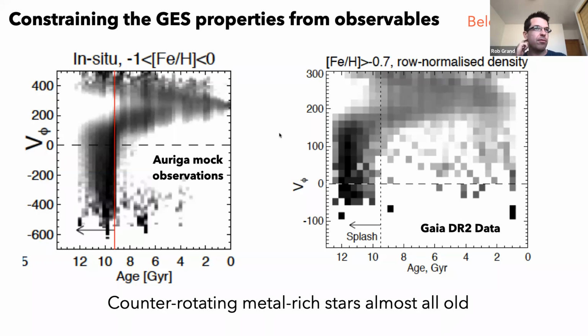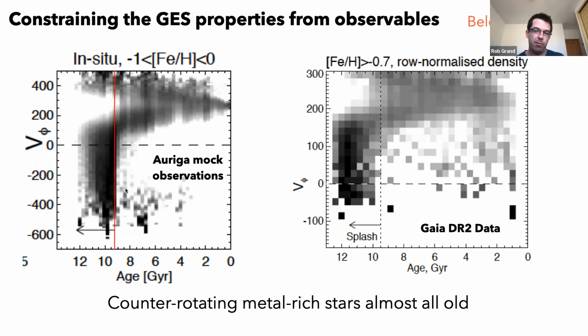And so we can already play this game in a way. On the left, I'm showing you the tangential velocity as a function of age of the stars, binned in this 2D histogram. And this red line marks the merger, in this particular case the Gaia-Enceladus merger. Everything to the left of this line, you can see that counter-rotating stars maybe not dominate, but there's quite a lot of them here.